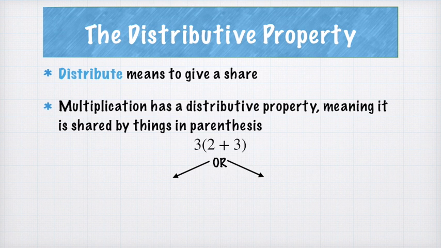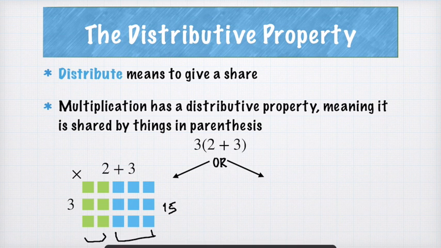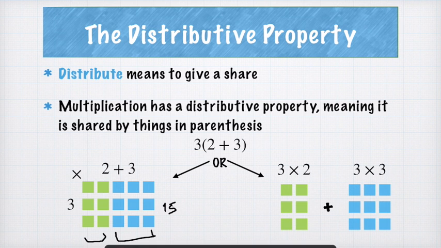We can either add the sum first, so 2 plus 3 becomes 5. So these are sets of 5, and we're going to multiply that by 3 times, and we're going to get an answer of 15. Our other option is we can do 3 times 2, so we're multiplying our 3 into our 2, and that gives us 6.